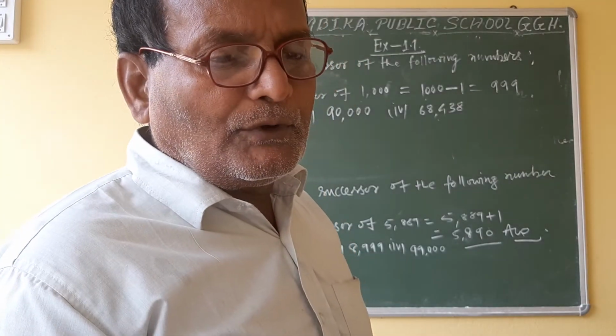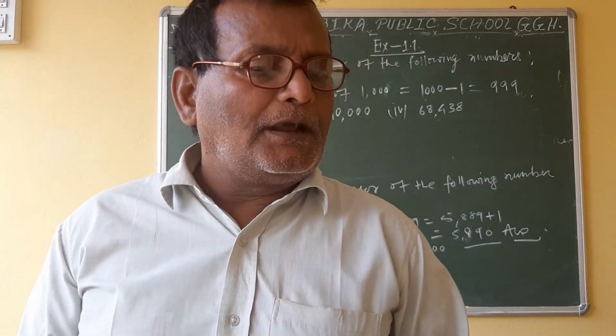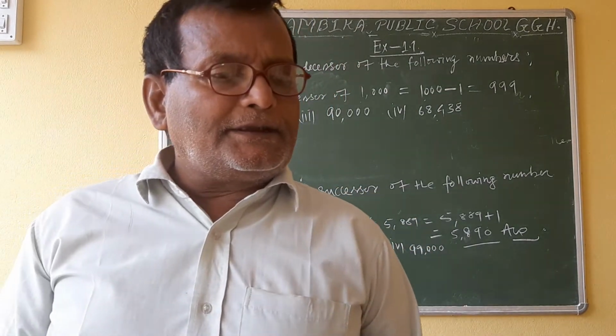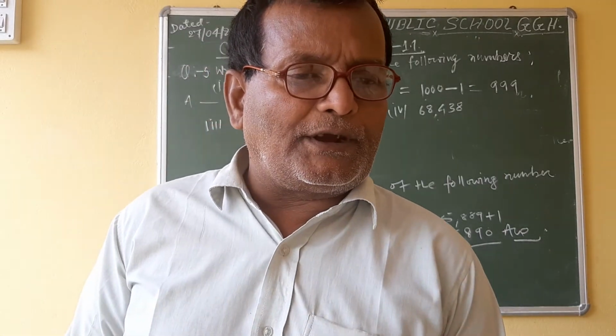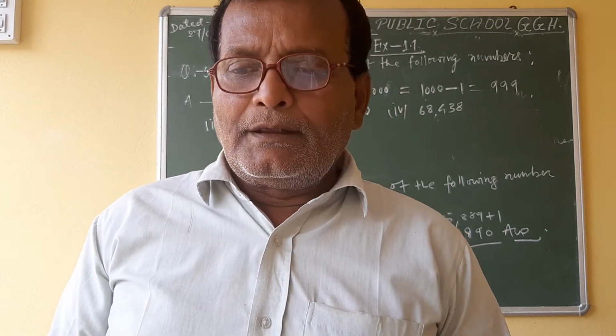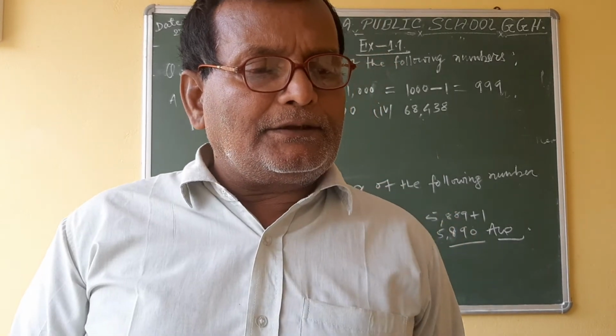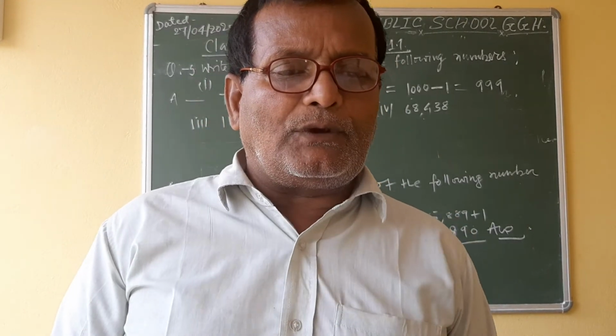Now I am going to tell you about question number 6. Question number 6: is there any digit whose place value and face value are the same? You have to ask, is there any digit whose place value and face value are the same?